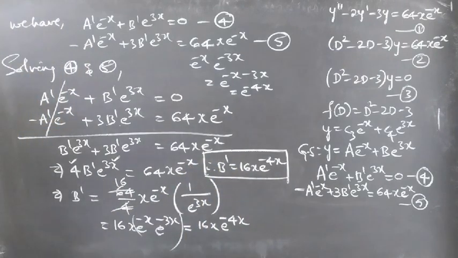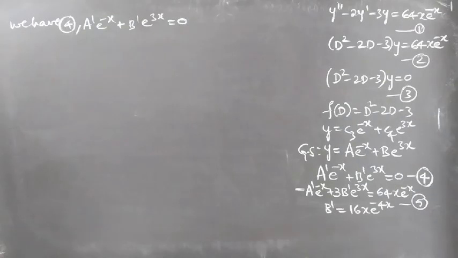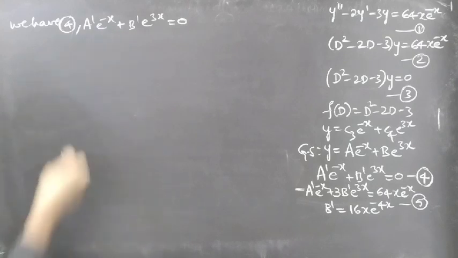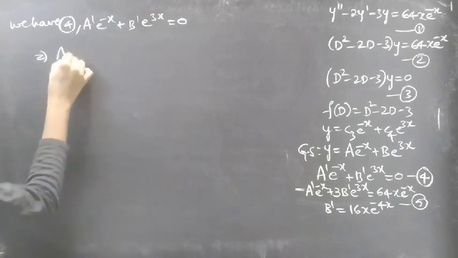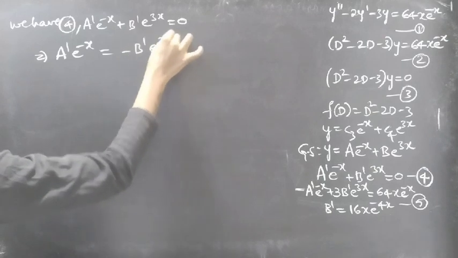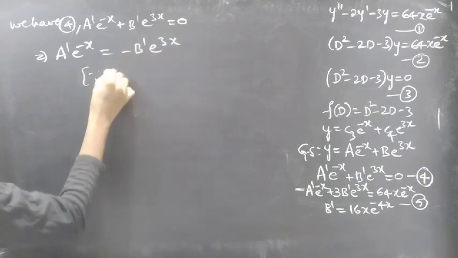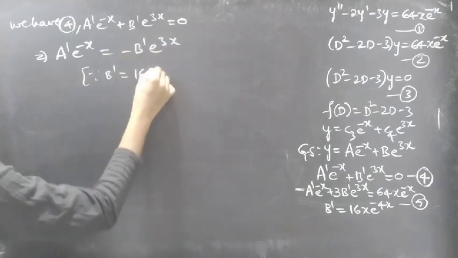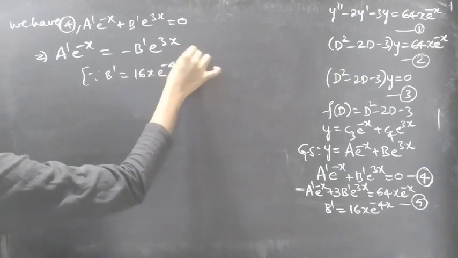Let's now find a dash just by substituting b dash in equation 4. We have equation 4: a dash e power minus x plus b dash e power 3x. We can write this as a dash e power minus x equal to minus b dash e power 3x. Since b dash equal to 16x e power minus 4x, let's replace b dash now.